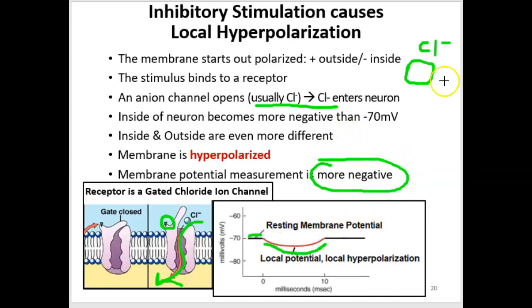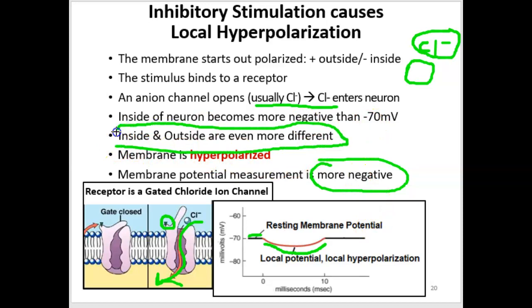Why does it become more negative? Because chloride ion is negatively charged. We then say that the neuron is hyperpolarized because the inside and the outside are even more different than a difference of 70. Now notice that it's like only -75, but it's still more polarized.